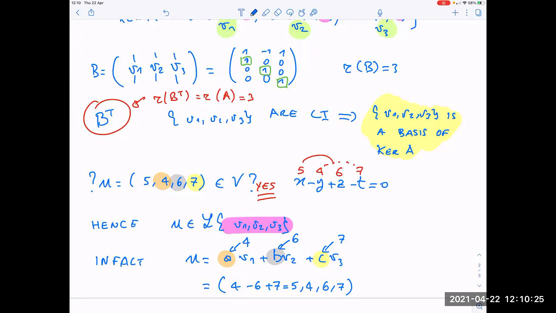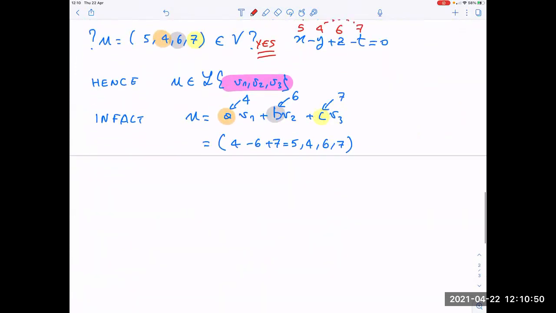When you speak of a kernel, it must be of a matrix. This is a matrix, and the kernel is equal to V. So maybe you want to say, what is the difference between V and the kernel of A? No difference, because V is the kernel of A, because we constructed A in such a way that this is true.